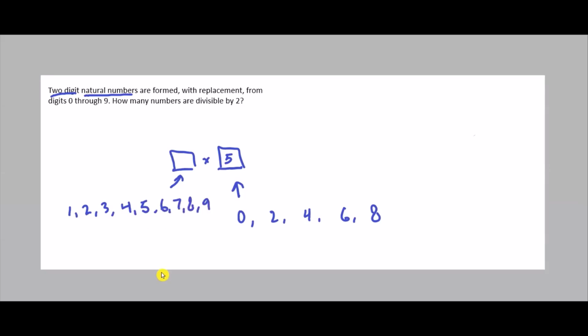Those are the possibilities that could go in there, and that means there are 9 possibilities. So we're going to multiply these two. That's the basic counting principle. 9 times 5 is 45. So there should be 45 two-digit natural numbers that are divisible by 2.